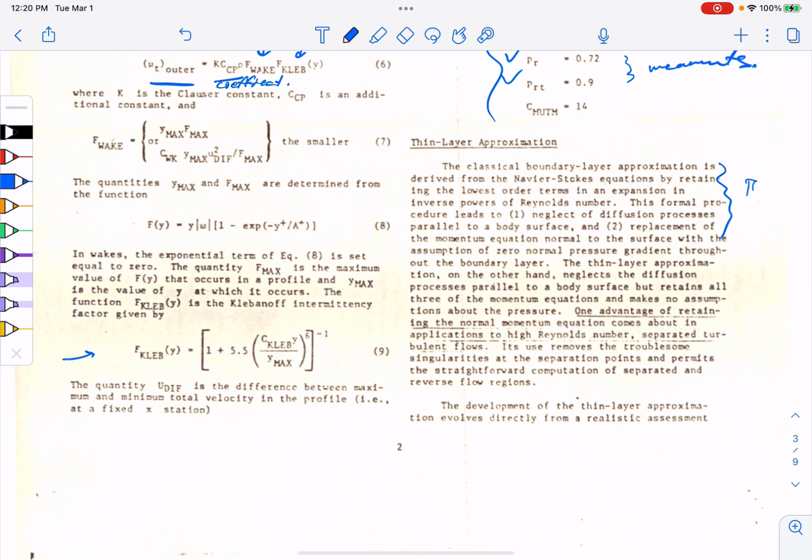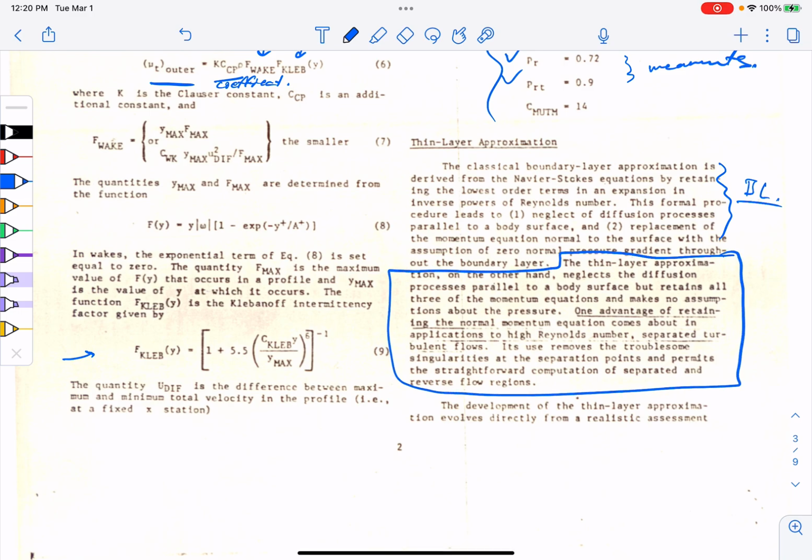Now, this is where he takes a little bit of a philosophical turn, and we've been mostly talking about boundary layers. There's also another type of equations called thin layer approximations. I think it's not too important in the context of this paper today, but it turns out that there are certain advantages to thin layer approximations versus others. And this is where he talks about the difference between thin layer approximations and boundary layer approximations.